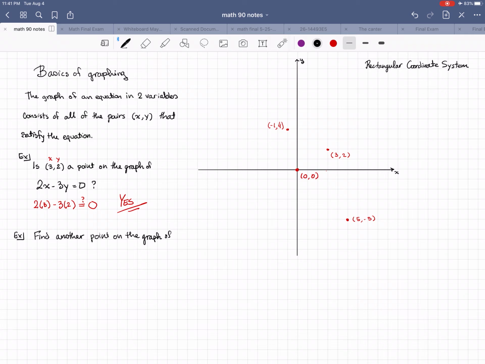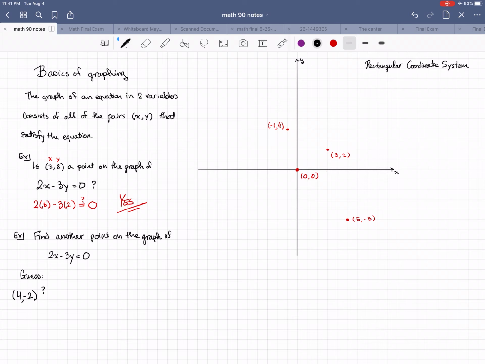So you could guess and check. Just kind of give it a shot. See whether, I don't know, 4, -2.